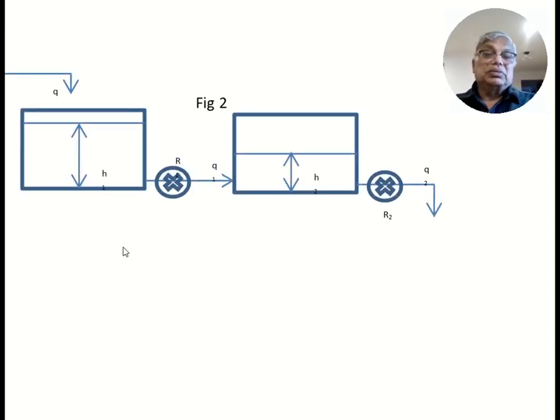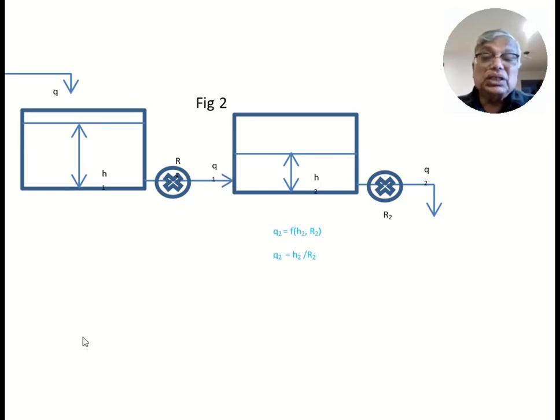Here the liquid outlet from the first tank is connected to the bottom of the second tank. You can see how the connection in this figure differs from the connection in the previous figure, figure 1. The liquid outlet from the first tank is connected directly to the bottom of the second tank.